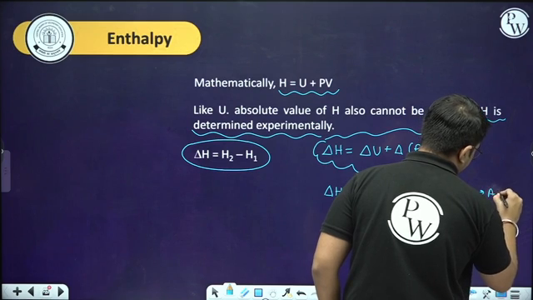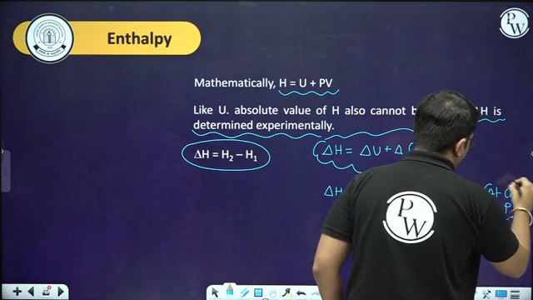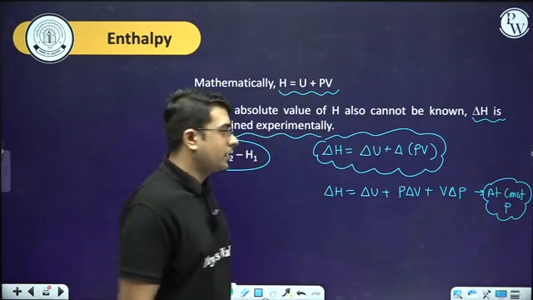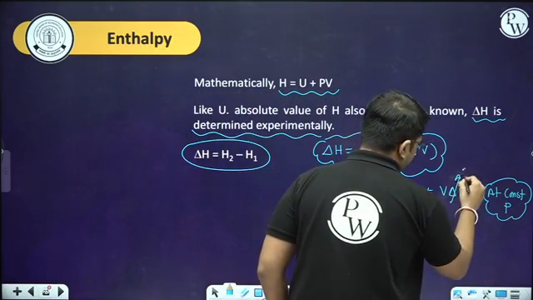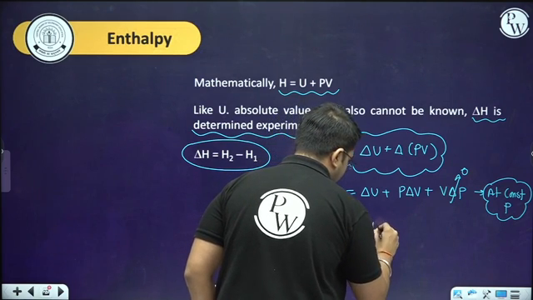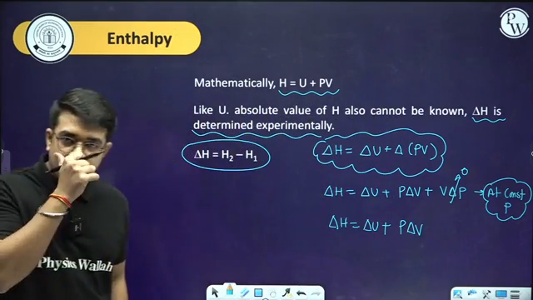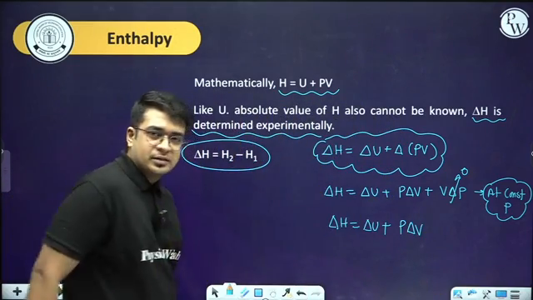If we are talking about constant pressure, then the V delta P part will be 0. So the final equation becomes delta H equals delta U plus P delta V. I hope this part is clear.